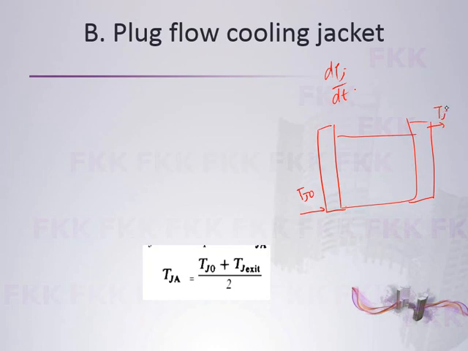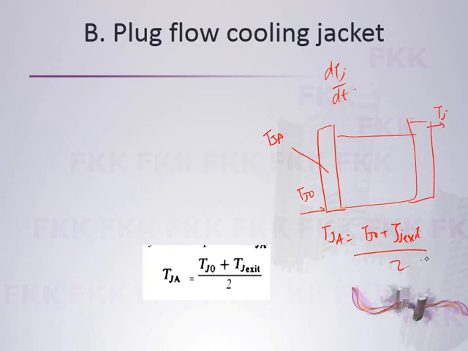So we are assuming that the temperature in the coolant here is expressed by TJA, which is actually the average of in and out. You want to be smarter. So this one is a little bit better than the assumption before. You understand what I'm trying to say? Okay, now, the TJA here is TJ0 plus TJ exit over 2.